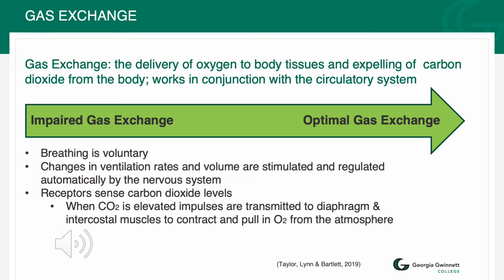So you take in oxygen from the atmosphere. Y'all know that. The percentage of oxygen in the atmosphere is 21%. So in a normal functioning, optimal gas exchange situation, you inhale oxygen from the atmosphere, and as the oxygen travels through the body, the body uses up that oxygen, and the byproduct of cellular metabolism is carbon dioxide.